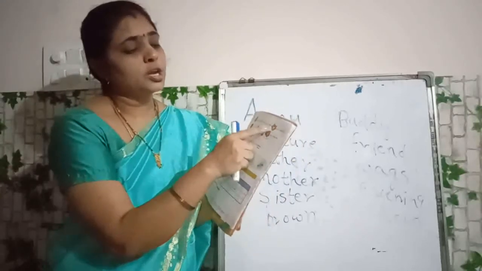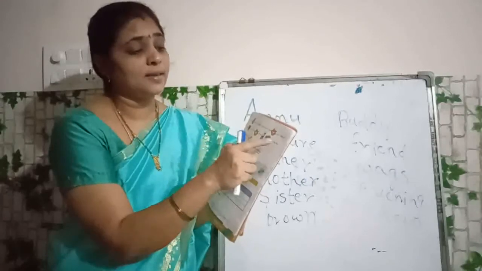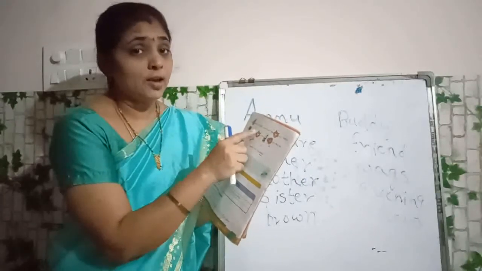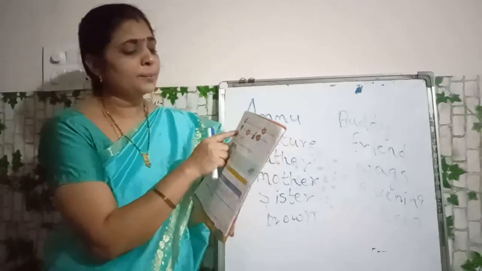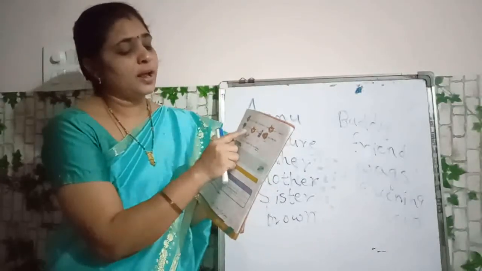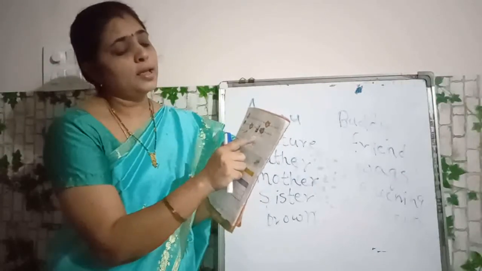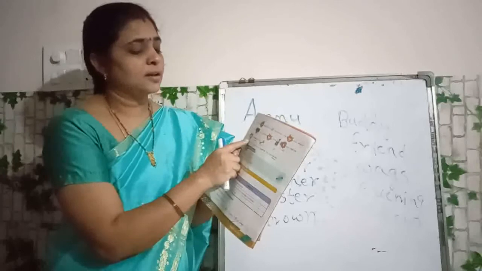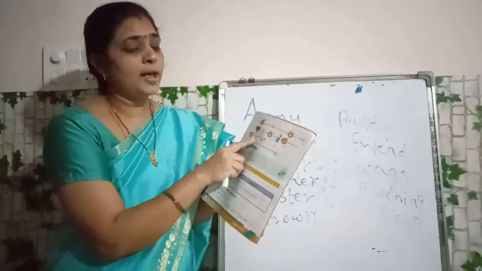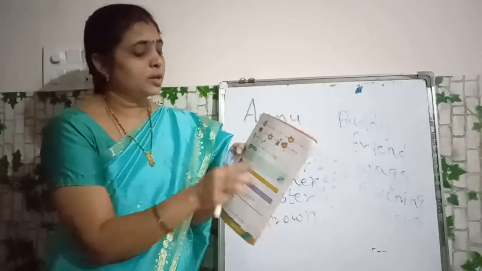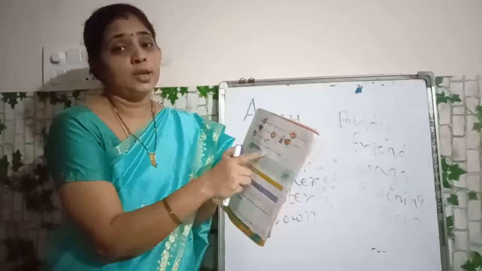Then the cat says meow, meow. Sister and I give the cat some milk. Buddy runs after the cat and chews on her bone. Underline chews. Then we all laugh watching them play together.